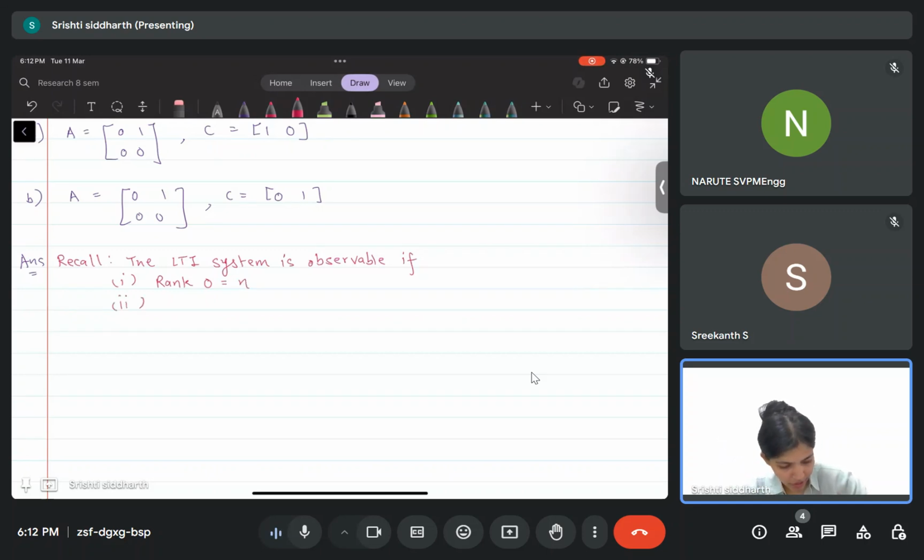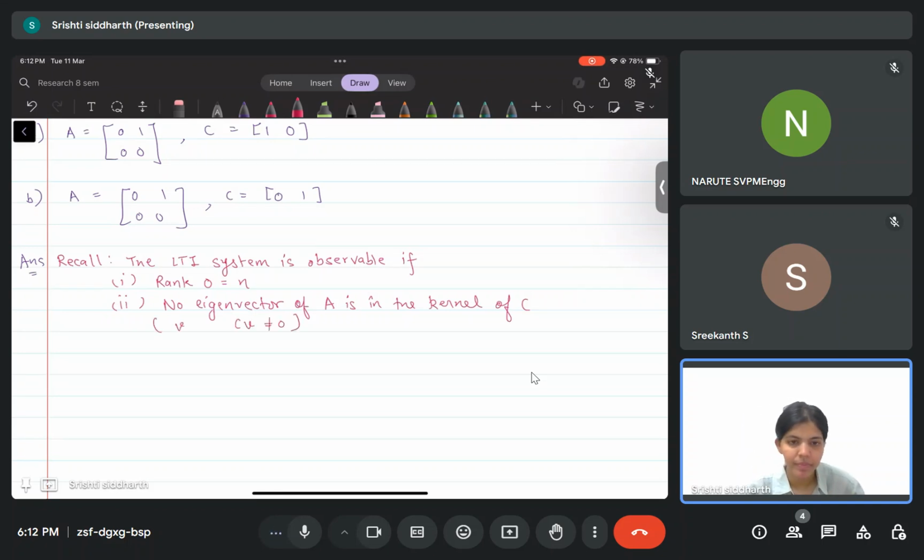Second, no eigenvector of A is in the kernel of C. This means that if v is an eigenvector, then Cv is non-zero.